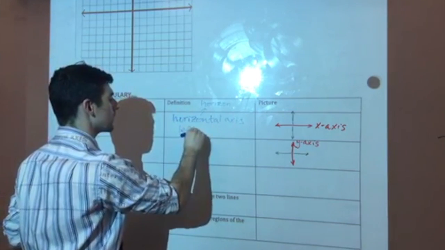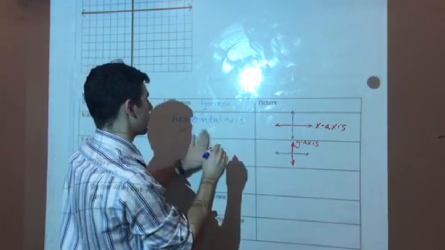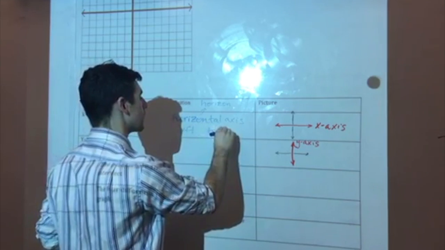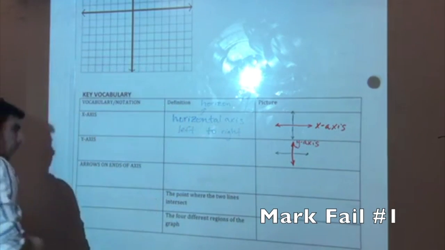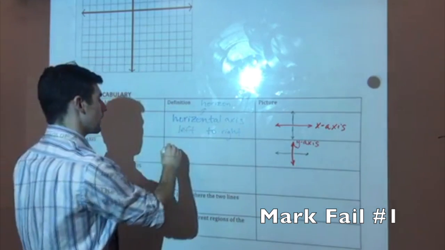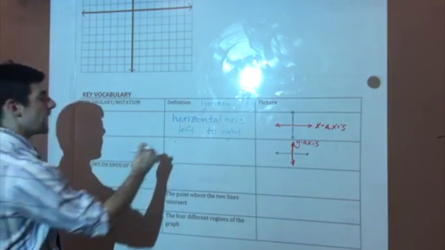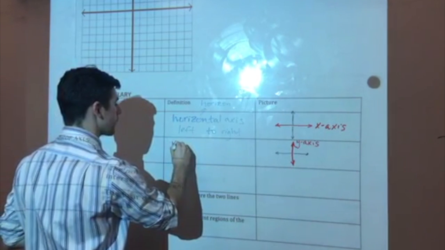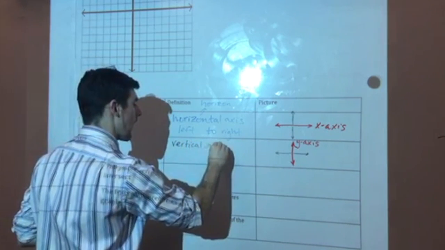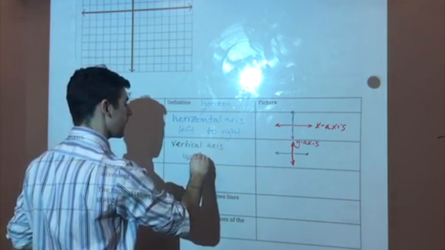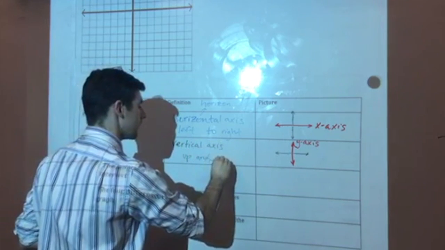It's the one that goes left to right. That is the x-axis. Hopefully this green marker works. It does not. Now the y-axis is just the opposite. It's the vertical axis. It's the one that goes up and down.